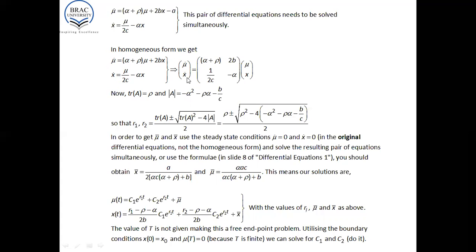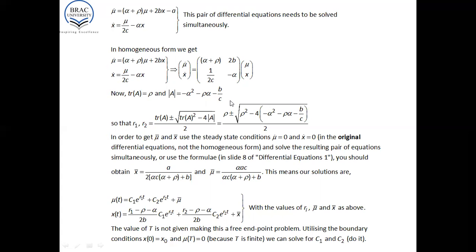So you have mu dot, x dot is equal to the matrix alpha plus rho, 2b; 1 by 2c, minus alpha, times mu and x. So this is the coefficient matrix. Now the trace of this coefficient matrix is alpha plus rho minus alpha, which is just equal to rho. And the determinant is minus alpha squared minus rho alpha minus b by c.